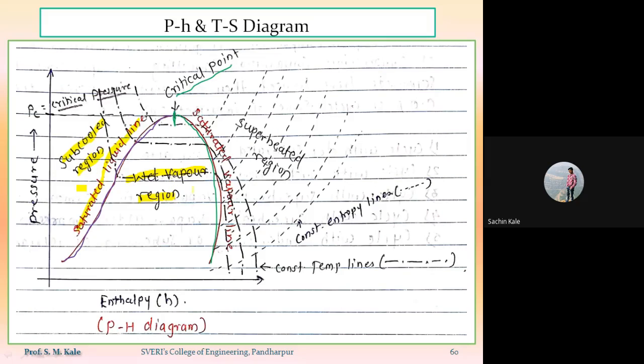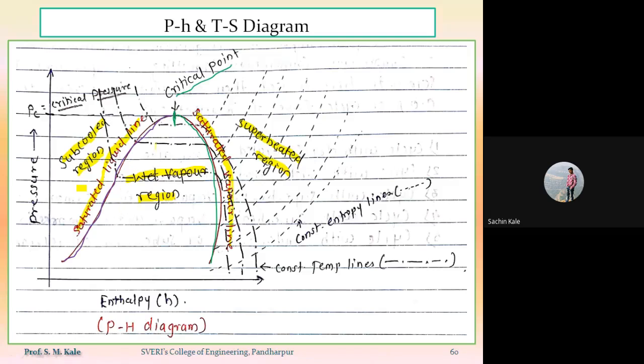Then when you further heat that wet vapor region, it gets converted into saturated vapor line. This is the saturated vapor line; whatever line you are observing here is called the saturated vapor line. After the saturated vapor line, if you heat that vapor once again, it becomes a superheated vapor. So basically there are 3 regions. First is the subcooled region, before the saturated liquid line.